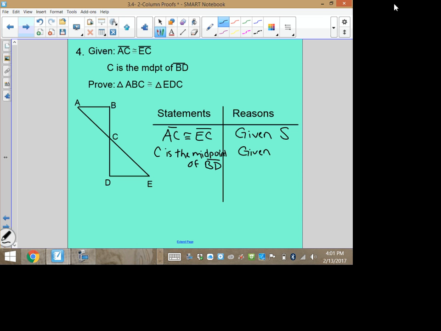So C is the midpoint of BD. By definition of midpoint, we know that BC is congruent to CD. So we can say segment BC is congruent to segment DC by definition of midpoint.